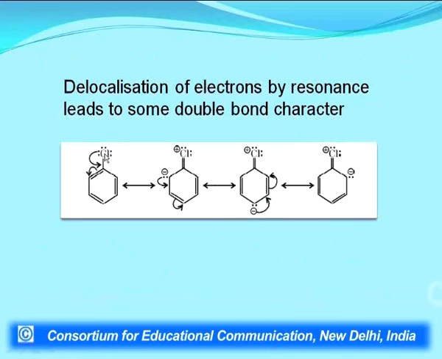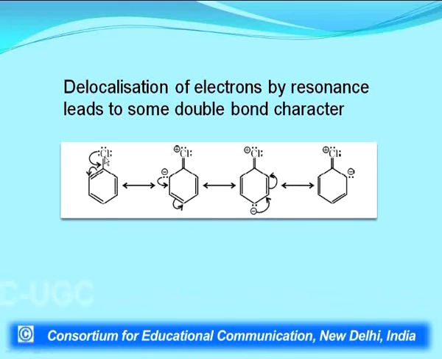This halogen, using its lone pair of electrons, undergoes resonance with the ring, that is, this pair of electrons forms a double bond between carbon and chlorine and this shifts here, and then the shifting of these electrons can be shown. These are the classical representations.